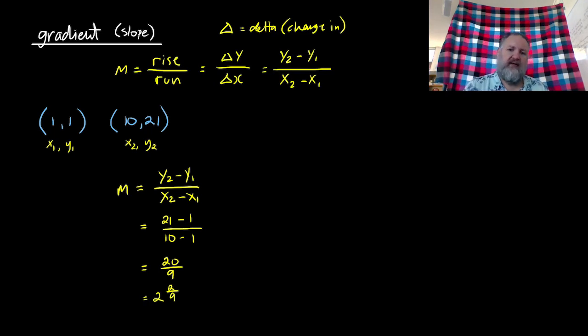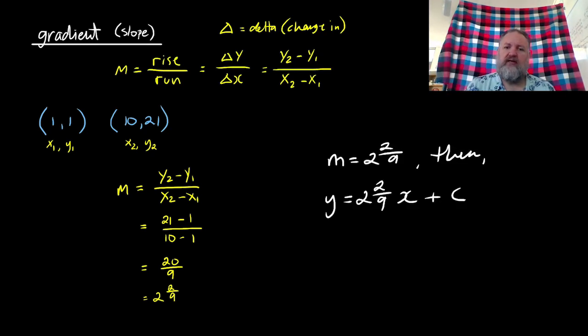You could leave it as either, whatever. I then take this m value, our gradient, and substitute it back into our general form. If m is 2 and 2/9, then I can write the general form like this: y is equal to 2 and 2/9 x plus c.